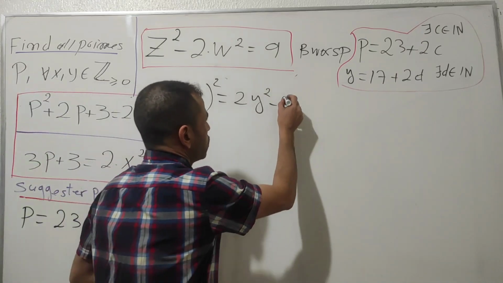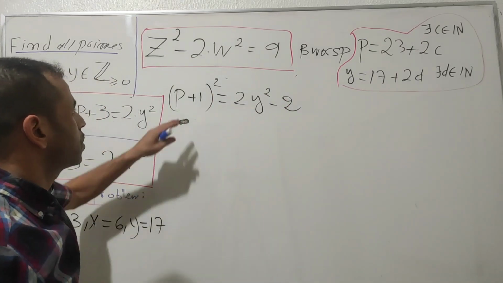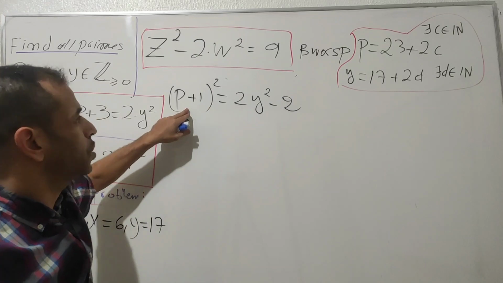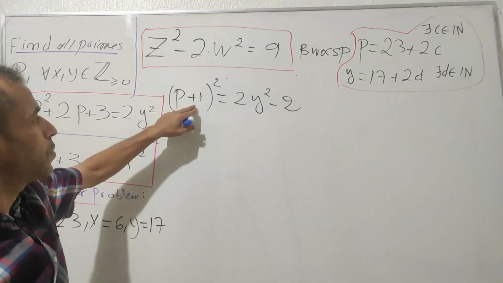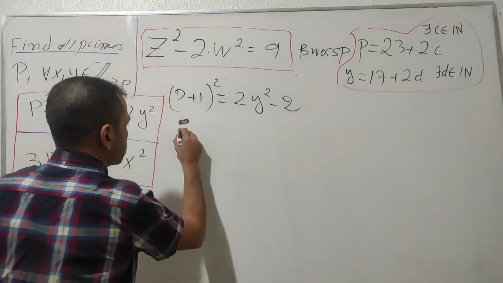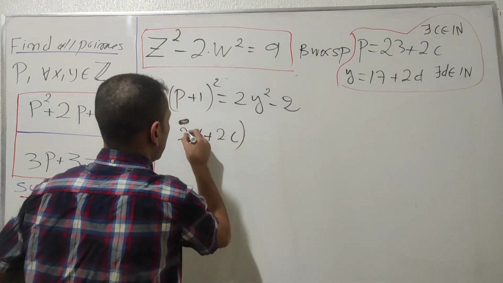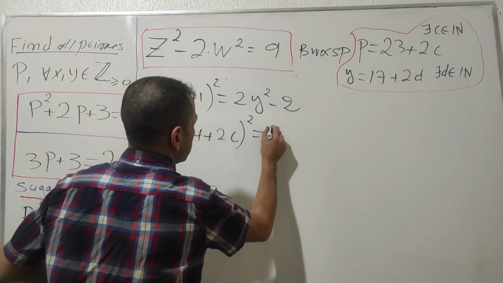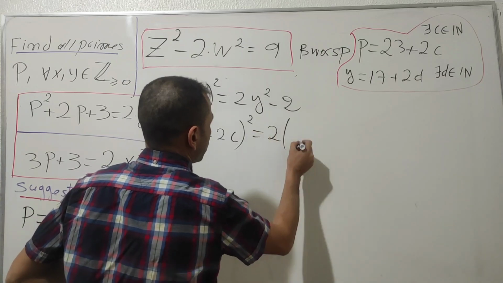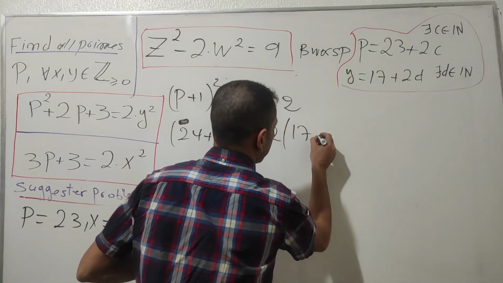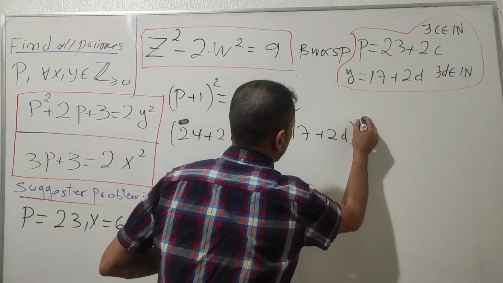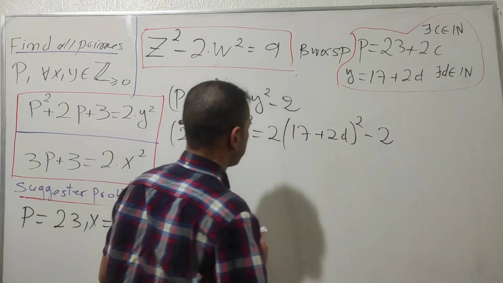Now I'm going to take this value of p and insert it back here. So I get 23 plus 1, which is 24, plus 2c, all raised to the power of 2. This is going to give us 2 factor y, so you will have 17 plus 2d, quinary square, minus 2.